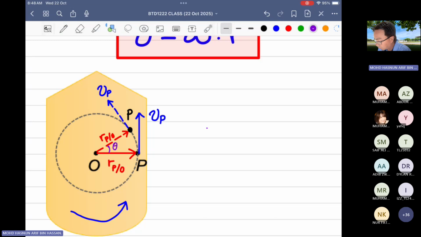When you have something like this and you want to calculate this, this is called S. You have the angle theta, and here the value of R, the radius.